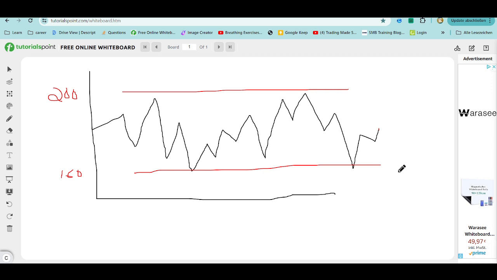The second situation where people enter an Iron Condor is when the trend is not really clear. Let's say the price is here, and now the price has gone up, the price has gone down, and now you are here. So you have only seen one time that the price has gone up.